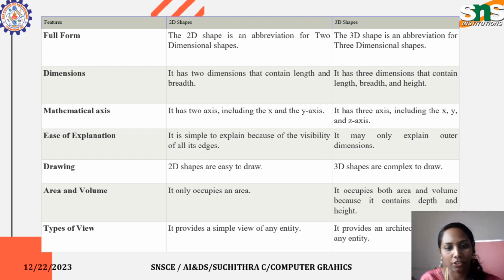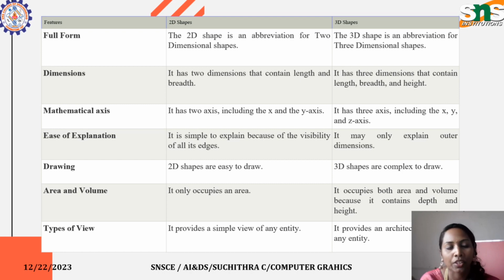Ease of explanation: in 2D, it is simple to explain because of the visibility of all the images, but in 3D it may be quite different. We can only explain the outer dimension. Drawing in 2D is very easy, but 3D is slightly complex.